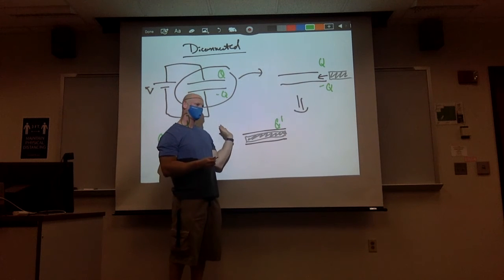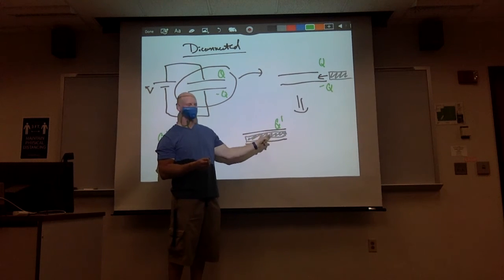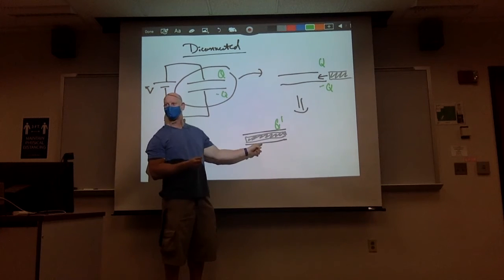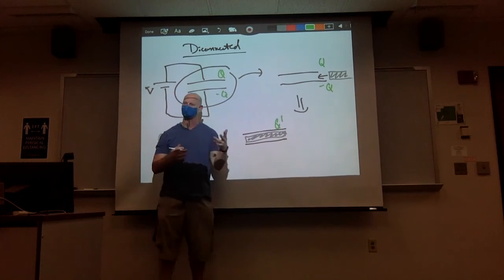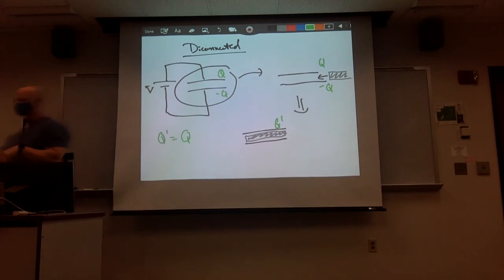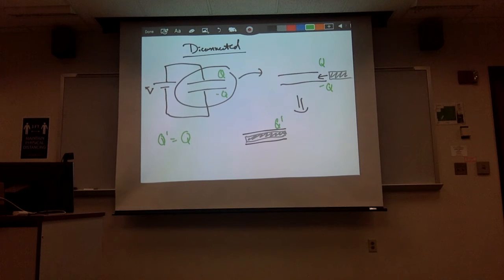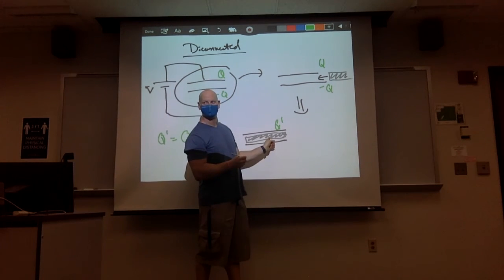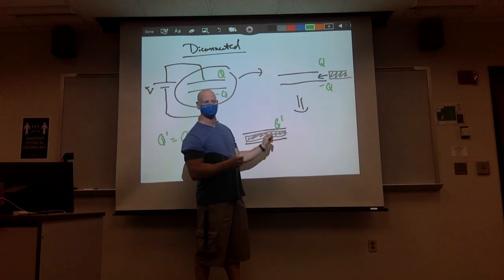I have no battery here to put more charge on, but I also don't have a closed loop here, which means there's no cord connected to allow the charge to go someplace else. That charge is forced to be on that capacitor, and it can't go anywhere. So when I stick this inside of here, it has to stay exactly the same.